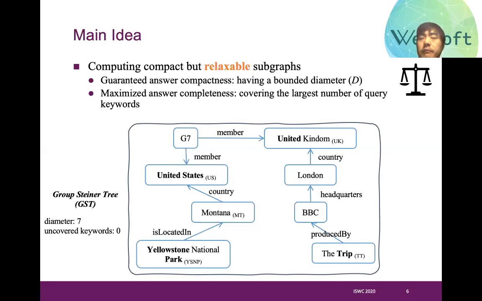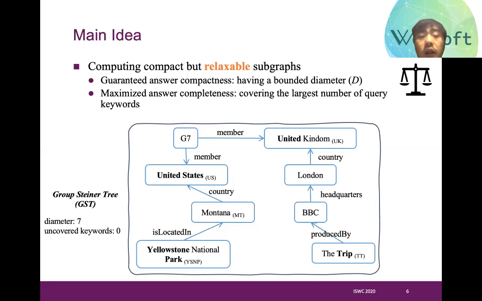But in the meantime, because the diameter of an answer subgraph has been bounded, it is possible that there is no answer subgraph that can connect all the keywords in a query. This is possible. So our solution is that we do not require an answer subgraph to cover all the query keywords.